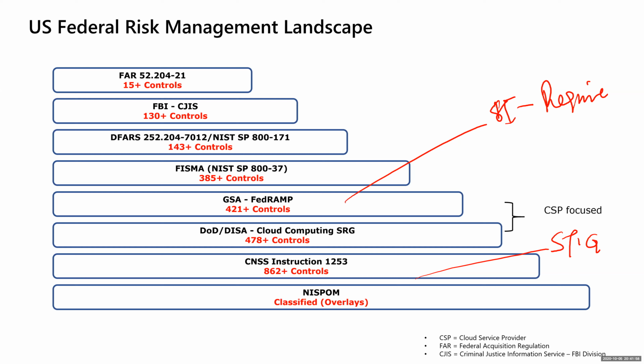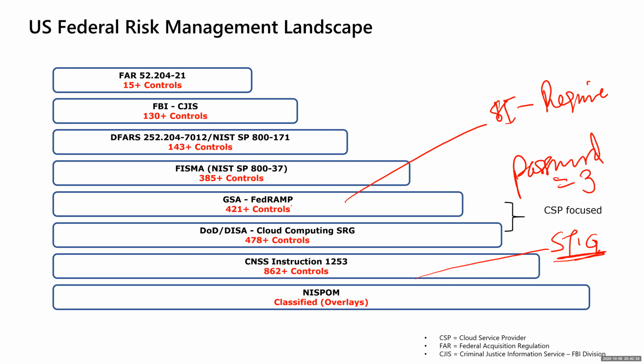So when you implement these STIGs, they also achieve certain control requirements. Let me give you a quick example. Within this STIG, there is a password reuse instruction where it will say your password must not be more than 3 days old.